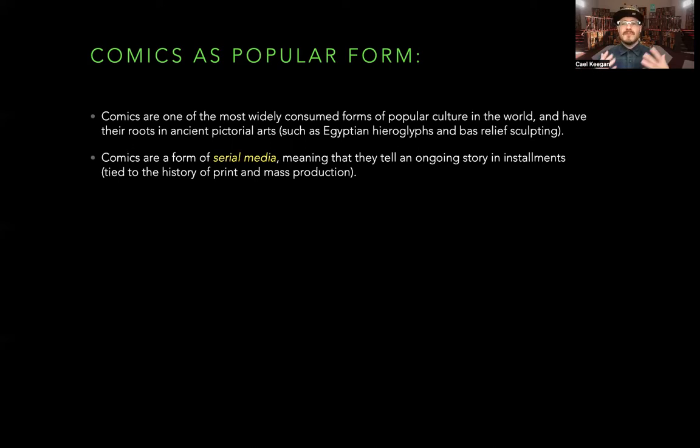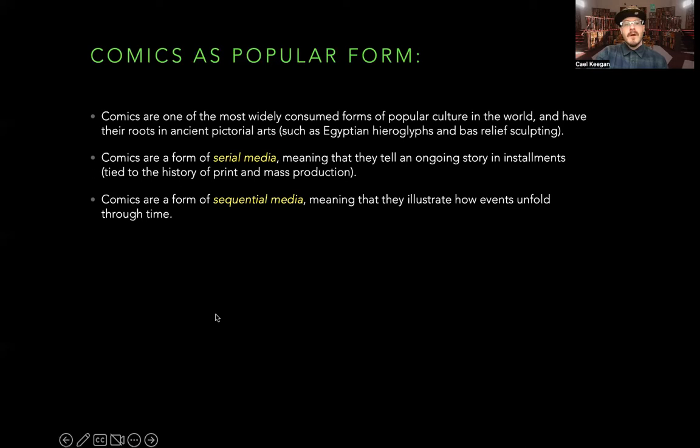You may be aware of this from becoming familiar with the MCU or Marvel Cinematic Universe, which is all based on comics, as are basically every superhero that exists in US pop culture now. We have a pop culture that's completely dominated by superheroes. They come from comics from the 30s, 40s, and 50s, 60s with X-Men. So ongoing story in installments is serialized media, or serialized culture.